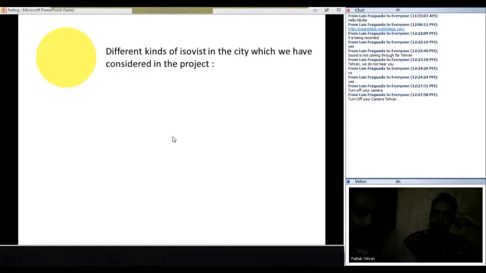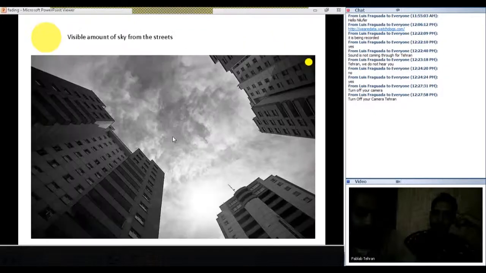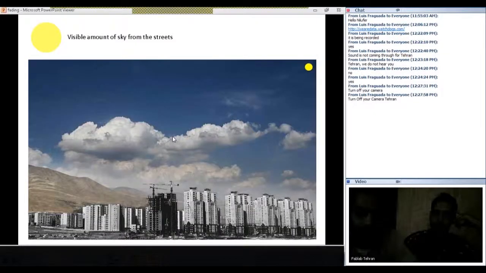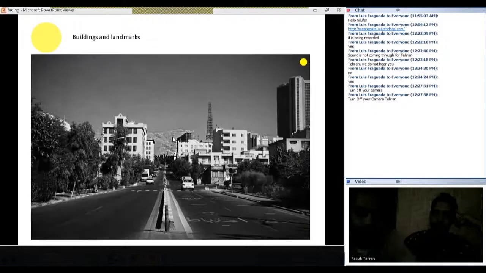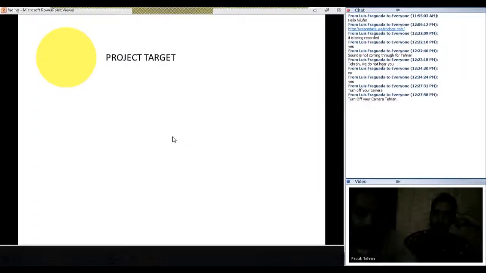These factors are, for example, the visible amount of sky you can see from the street, or the view you have to the mountains that are in the north of Tehran, or your view to the buildings and landmarks through the city, and the view that you have through the urban axis that you are moving on.